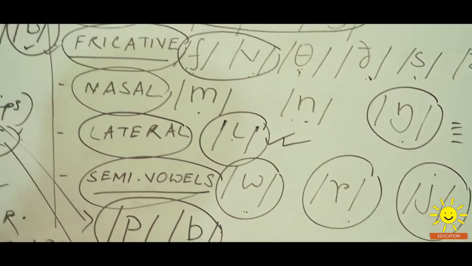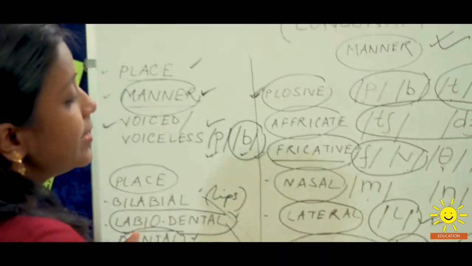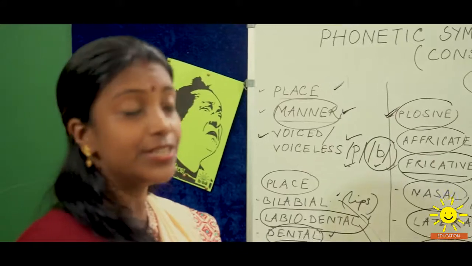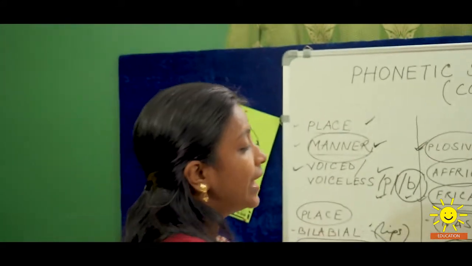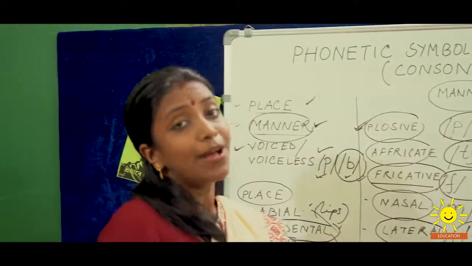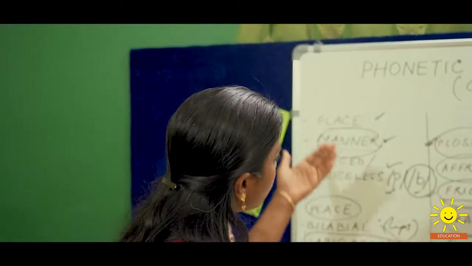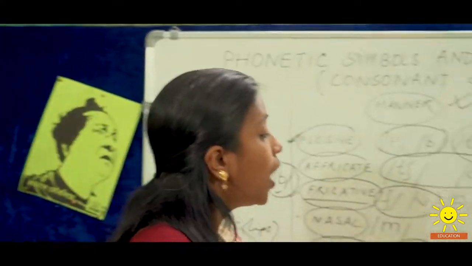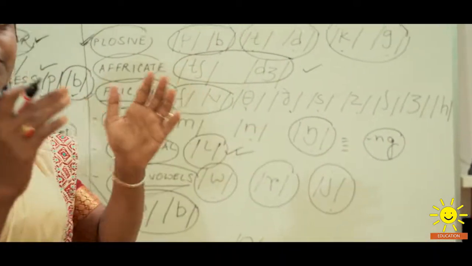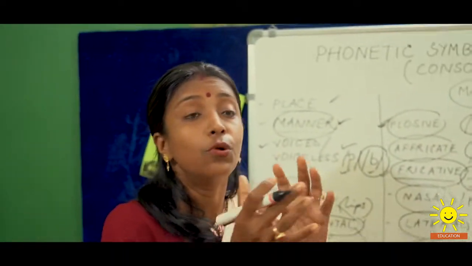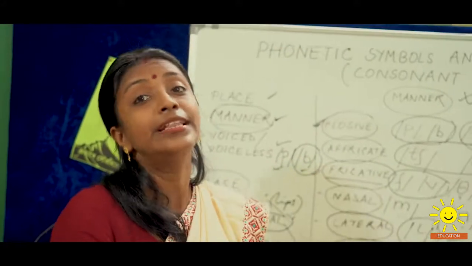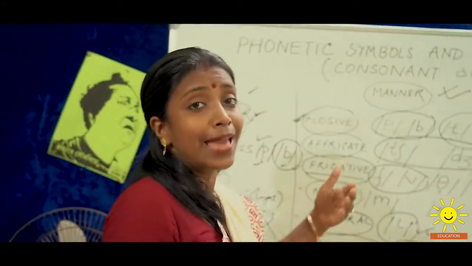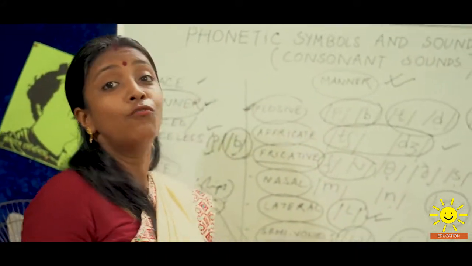They are known as semi-vowels because, as far as their manner of articulation is concerned, they are articulated without much obstruction, just like the vowel sounds. When we articulate w, r, y, there is no contact, no closure or narrowing that takes place. So it has characteristics similar to the vowel sounds.